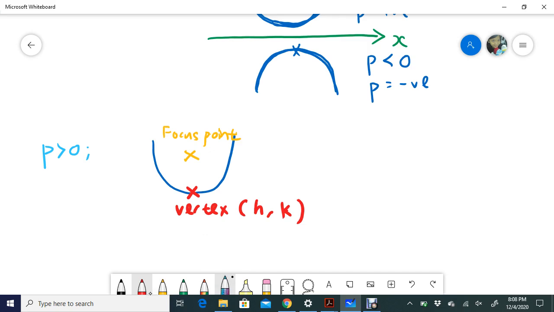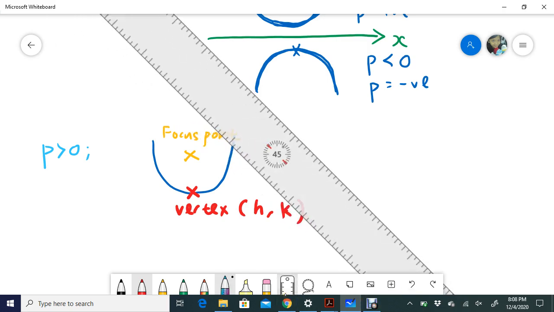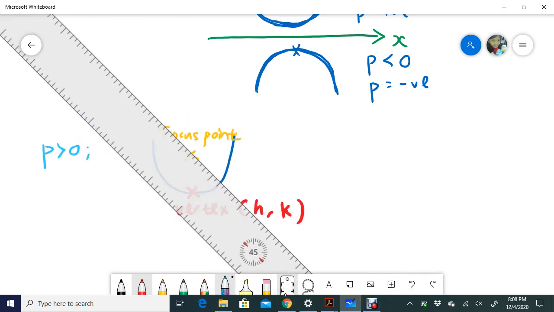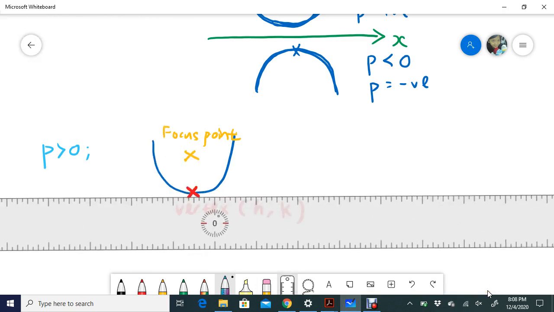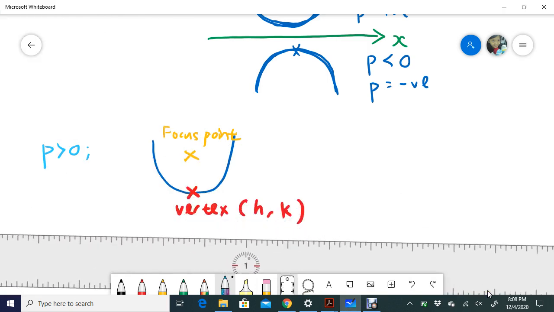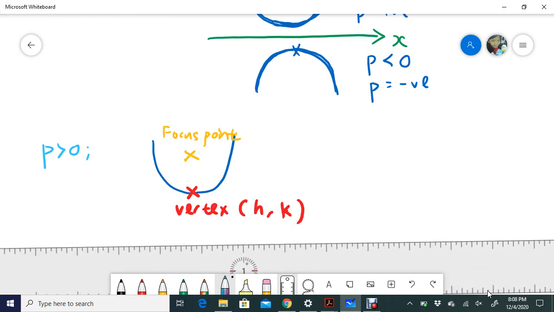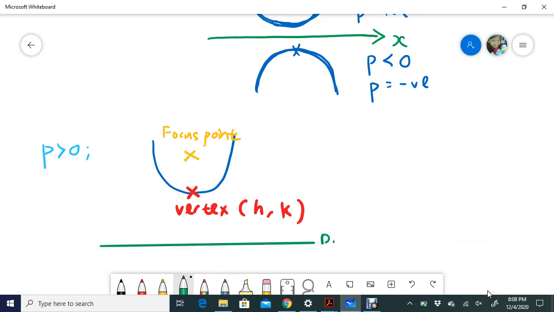Since the focus point is inside the curve, above the vertex, your directrix will be below the vertex. This will be a straight line. In other words, this will be your directrix line.